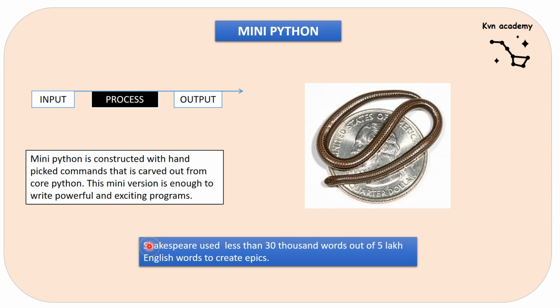And Shakespeare used less than 30,000 words out of 5 lakh English words to create epics. So we will also use our Mini Python to write epics or at least mini epics. Okay, we will start our journey.